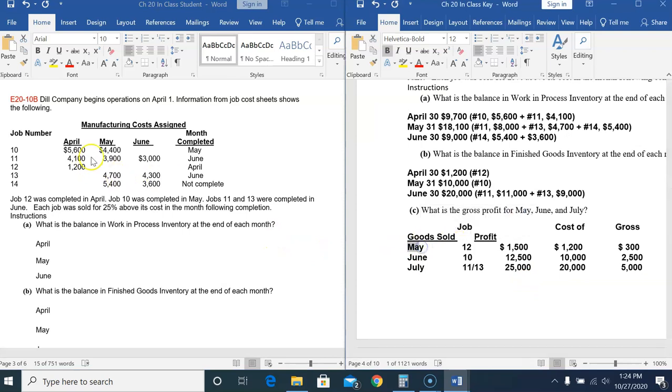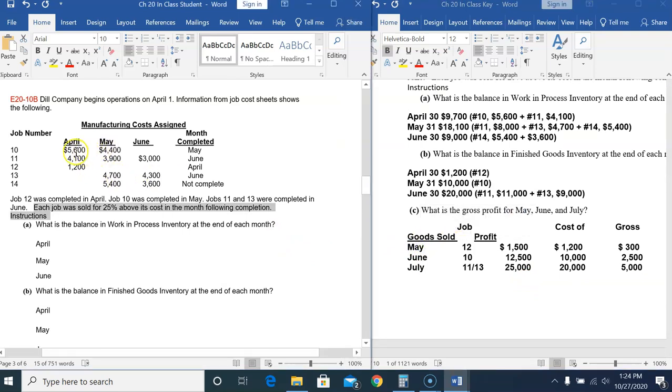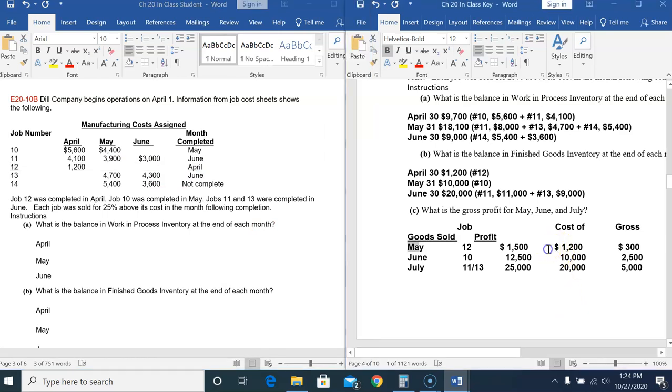In May, it looks like we would have sold the jobs completed during April. So if we completed job 12 in April, it was sold in May. The cost of that job was $1,200.